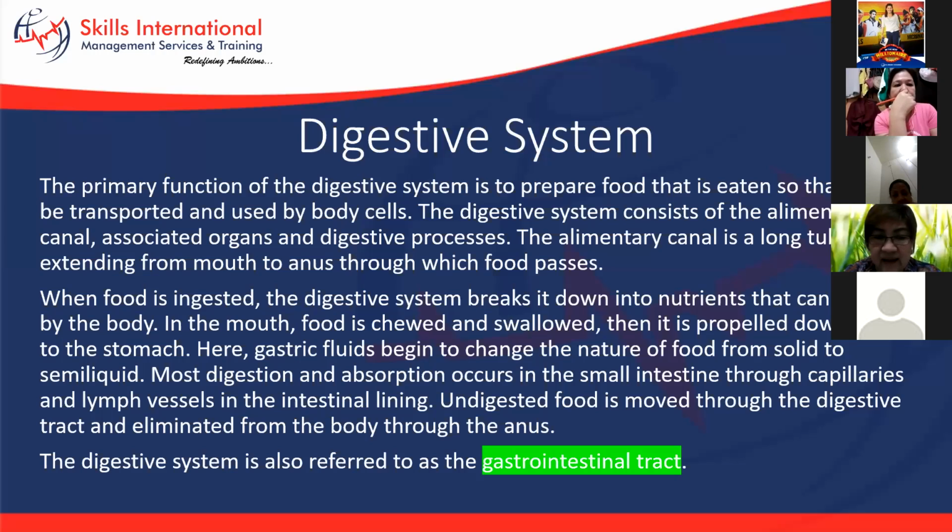So we start the function through the mouth, and the food is chewed and swallowed, and then it is propelled downward to the stomach. The gastric fluids begin to change the nature of the food from solid to semi-liquid. Most of digestion and absorption occurs in the small intestine through capillaries and lymph vessels in the intestinal lining.